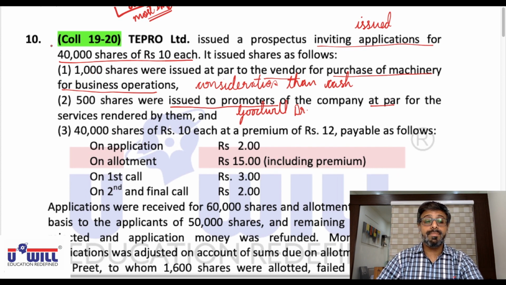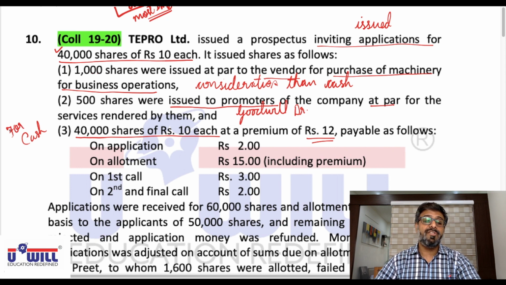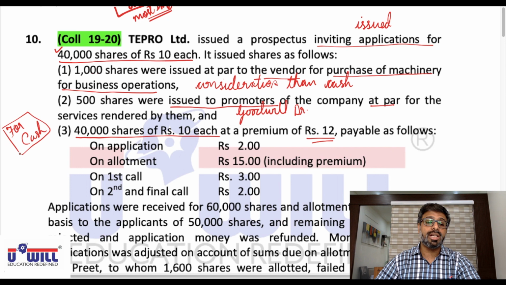And then these 40,000 shares of rupees 10 each are issued at a premium of rupees 12 payable as follows. So these are the ones issued for cash. Before we solve the question, first we will have two extra journal entries for issue of shares for consideration other than cash.